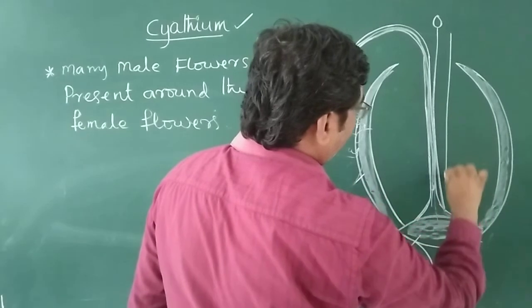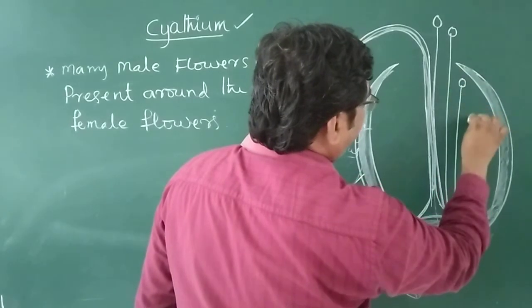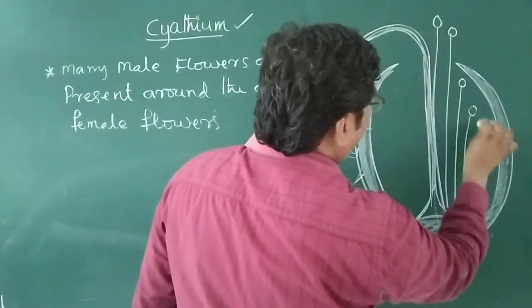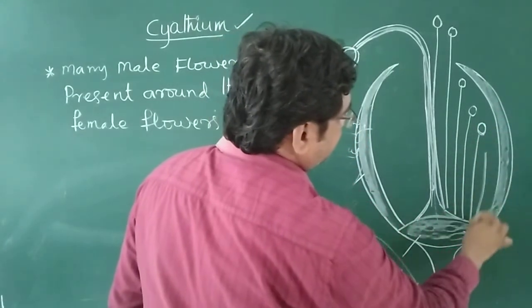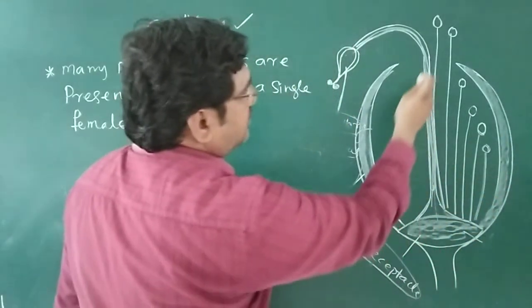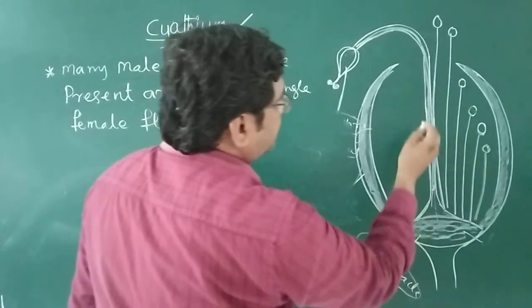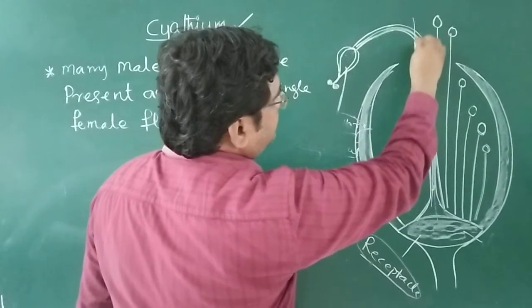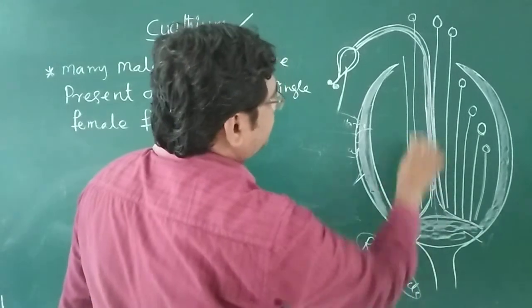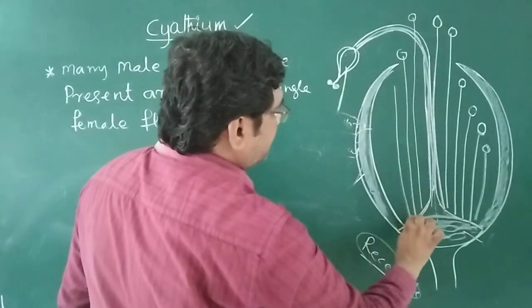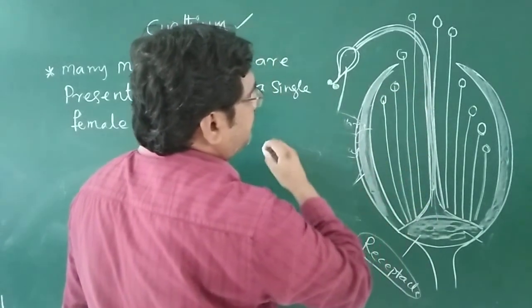This is also one male flower. Like this, many male flowers are present around the single female flower.